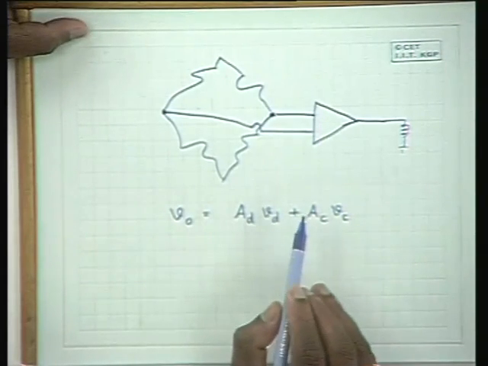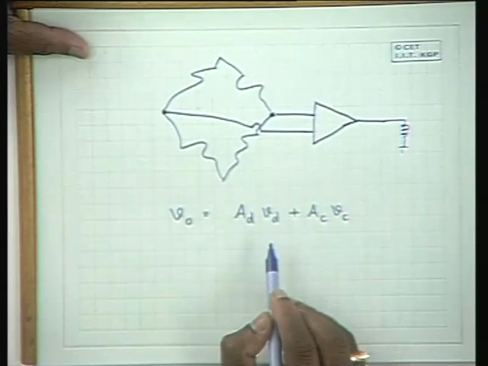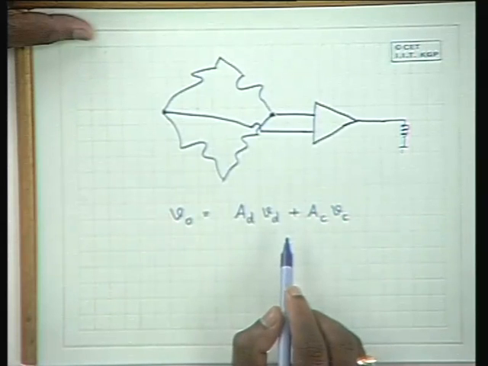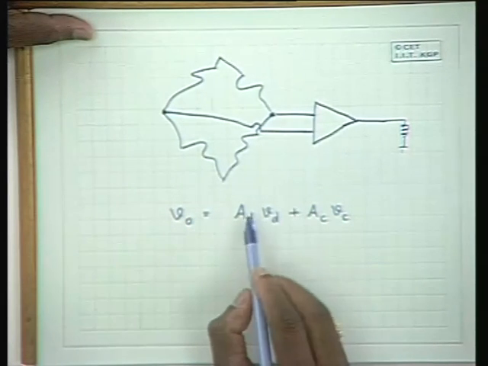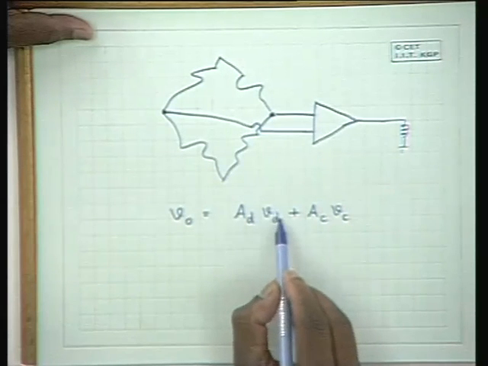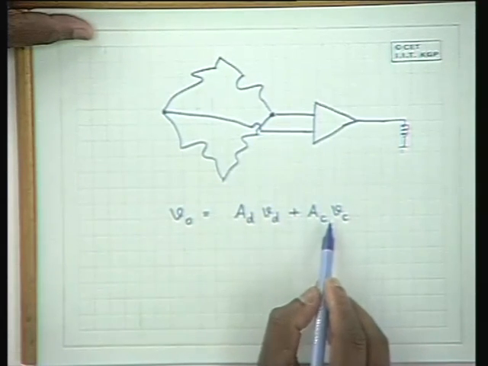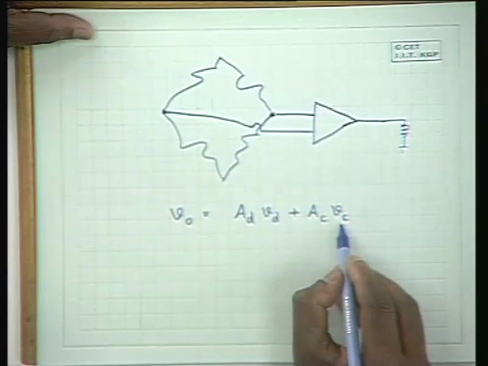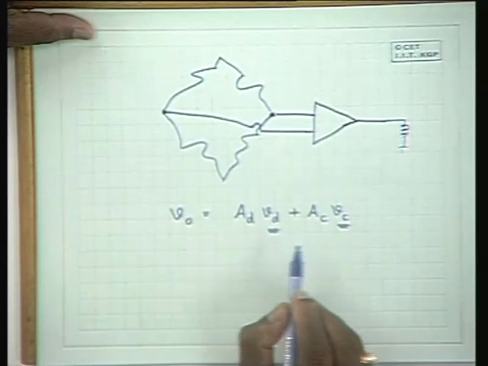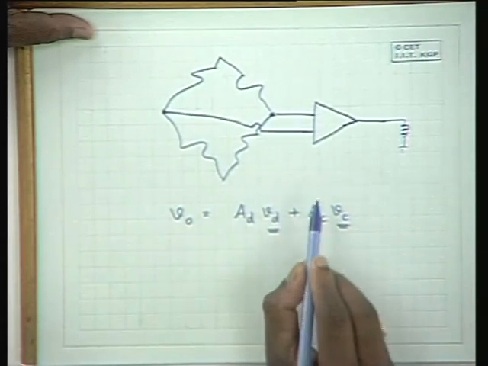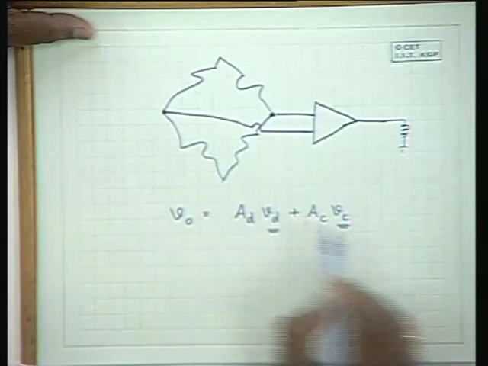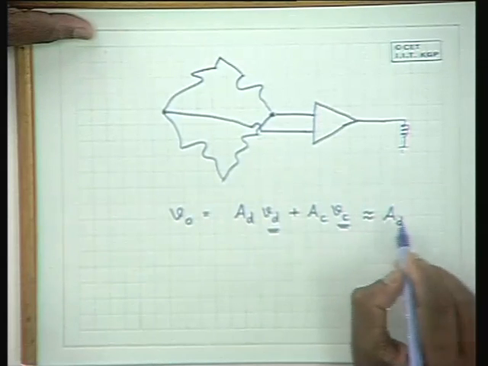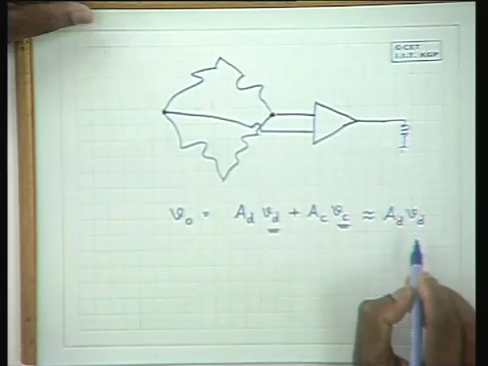So in a practical differential amplifier, you have common mode as well as difference mode signals present, and the output is AD multiplied by the differential signal plus AC multiplied by the common mode signal. And when VC and VD are of the same order, and if AC is much smaller than AD, this is naturally approximately equal to AD into VD itself.